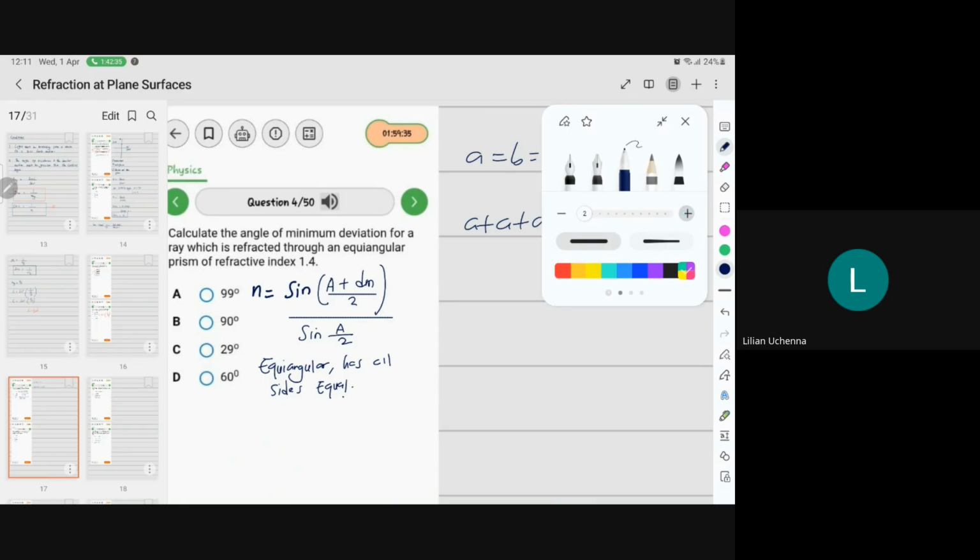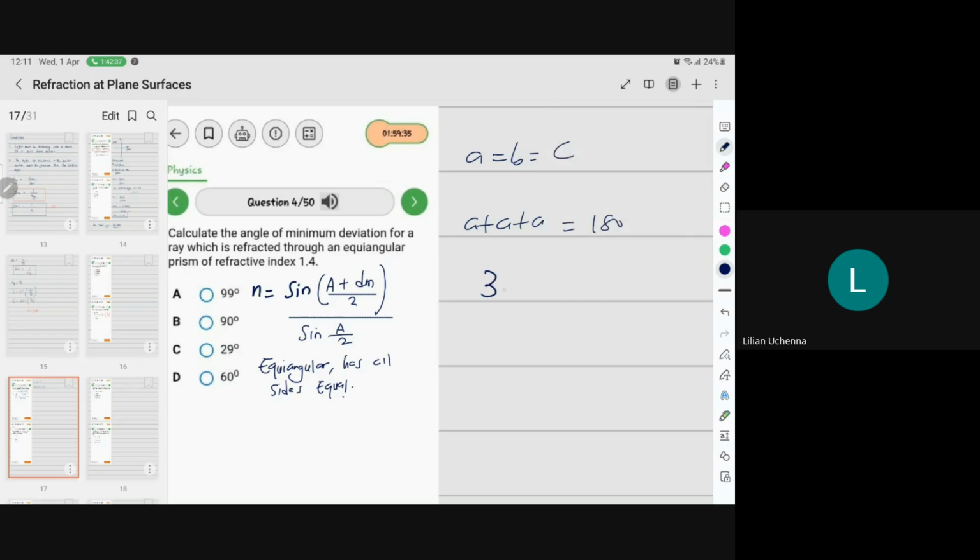Is someone following me? So that 3A is equal to 180. Divide by 3, divide by 3, so that A is equal to 60 degrees. All the angles are equal. So which means that A, for that angle of the prism, will be equal to 60 degrees.